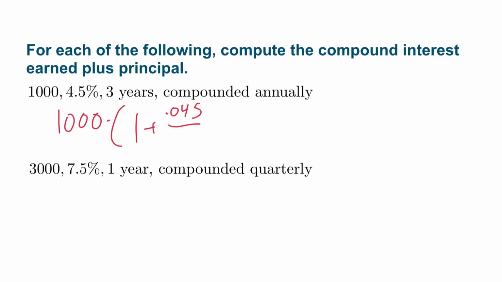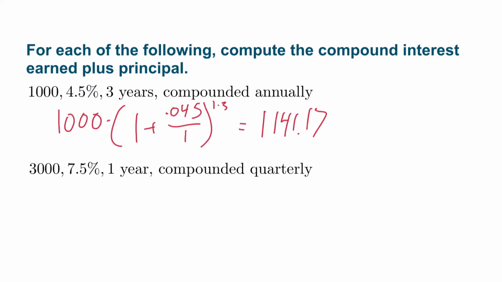The number of times I compound is just 1. I go for 3 years, so 1 times 3. And this is 1,141.17.